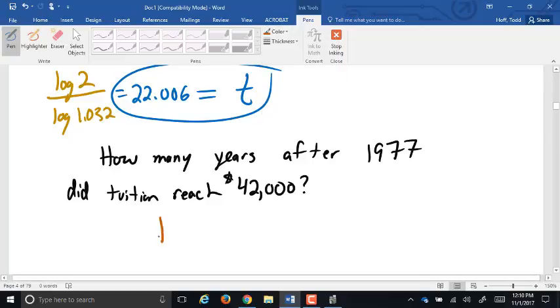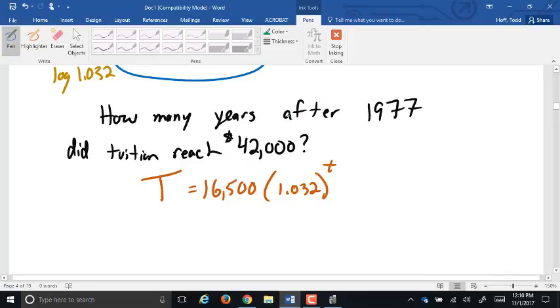So remember, our base equation is the tuition, capital T, is 16,500 times 1.032 to the power of little t. So I'm going to give you about 2 minutes to try to solve that, then we'll talk about it. So where did we put the 42,000?